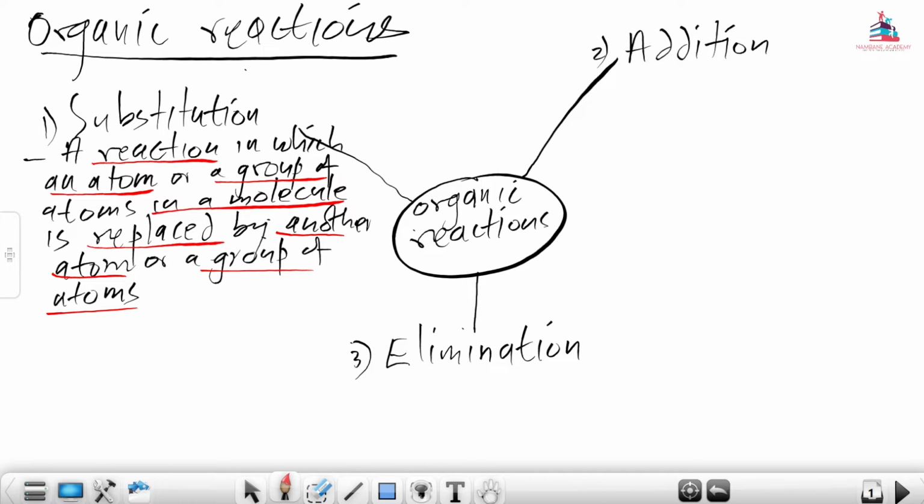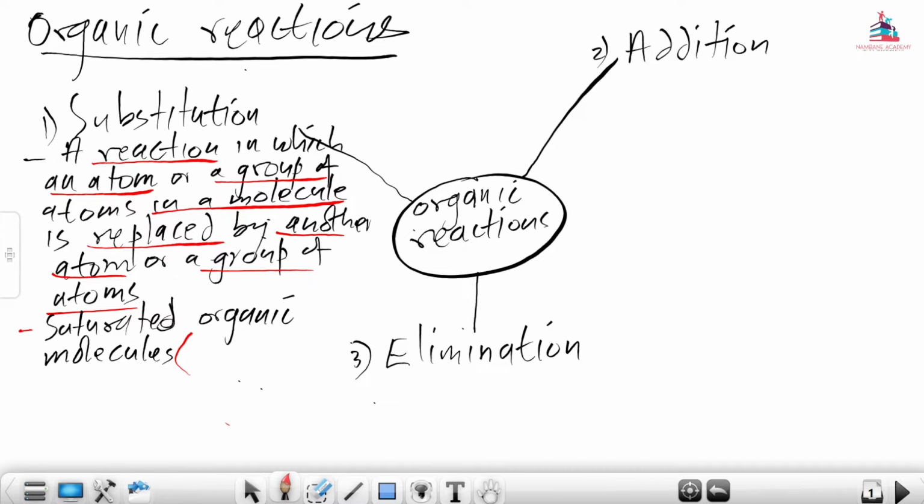It says that for substitution to take place, I must be working only with saturated compounds, or saturated organic molecules.